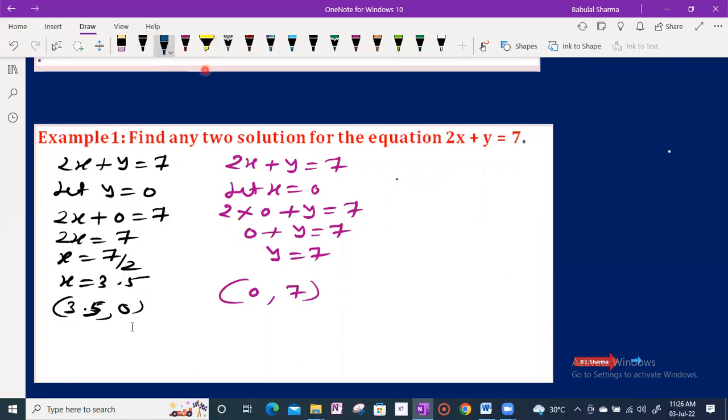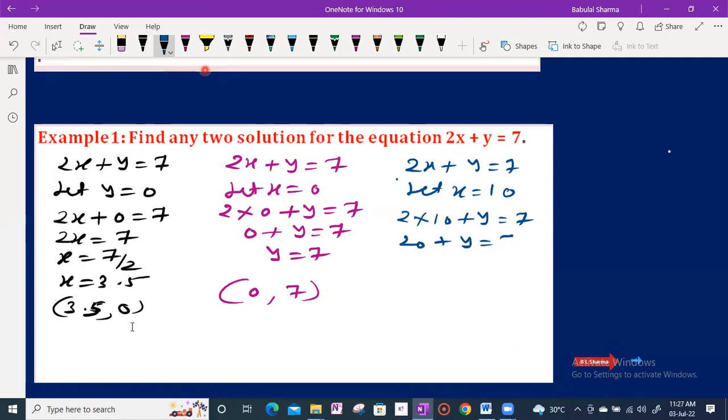Let we need more solutions, then again write 2x plus y is equal to 7. Yes, so let, you can say let x is equal to 10. So 2 into 10 plus y is 7. 20 plus y is 7. y is 7 minus 20.